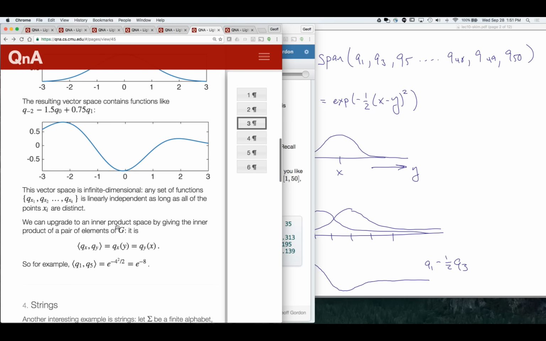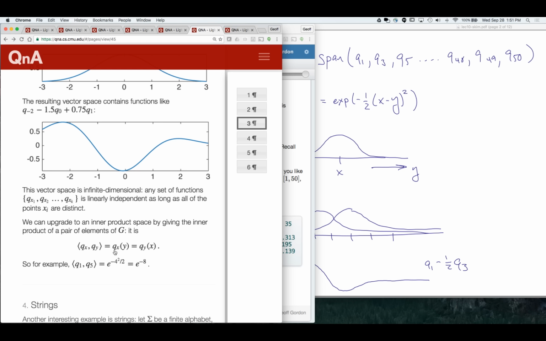And we can define an inner product on this. So up to here we have a vector space, but we can make it an inner product space by defining an inner product. And I want to emphasize that there are many possible ways to do this. Even for just this one vector space, there are lots of different inner products we could give, and they all make different inner product spaces.